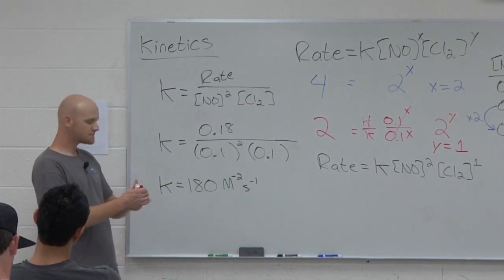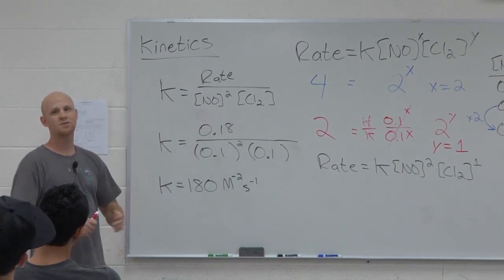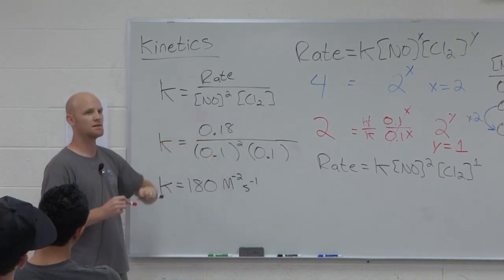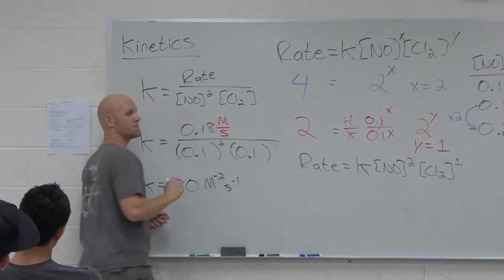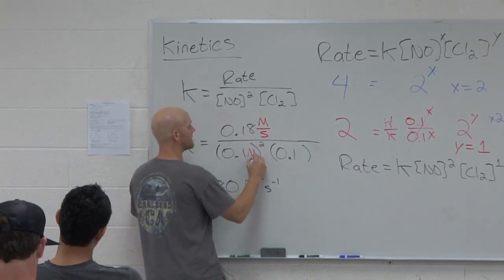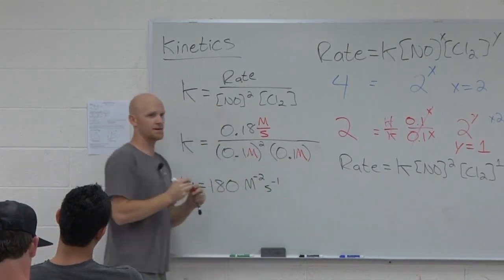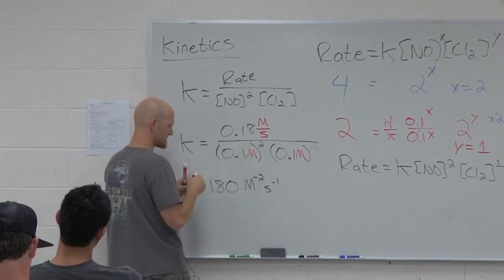So here's the deal. The other way to get this is just include units. On the chart on your handout, there's units. What was the units for rate on the table? Molarity per second. And the concentrations were all given in terms of molarity. And the units will fall right out. Notice one of these molarities is going to cancel.